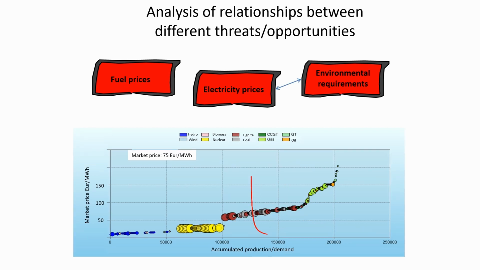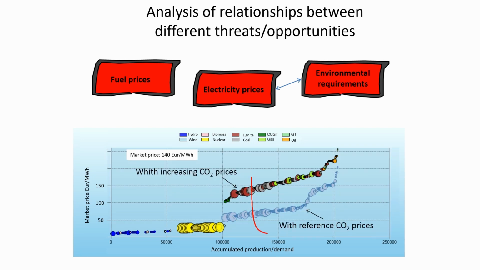Another example here is the interdependence between electricity prices and environmental requirements. Here we have the supply curve and demand curve again, and the market price here is 75 euros per megawatt hour. But if we put a larger requirement on the CO2 reduction in the power system, then CO2 prices will increase and the cost of producing on units that emit CO2 will increase.